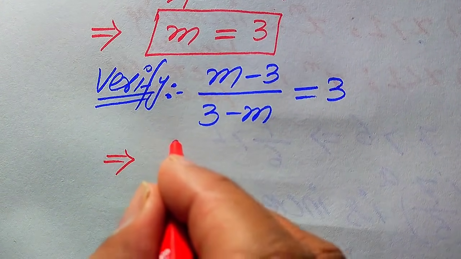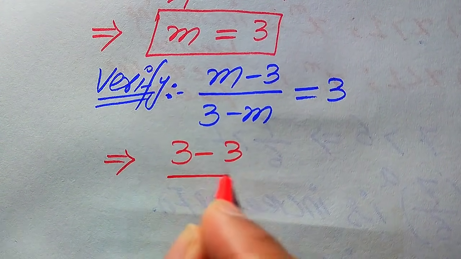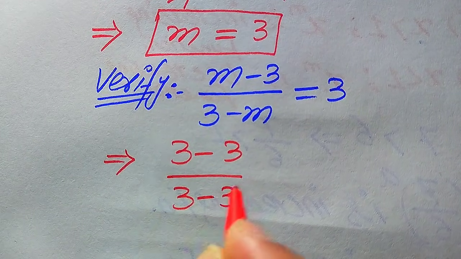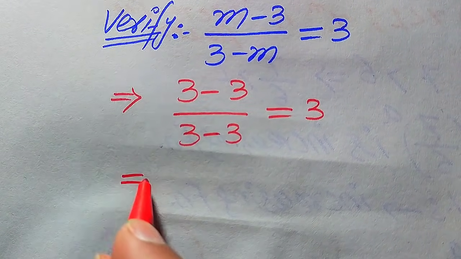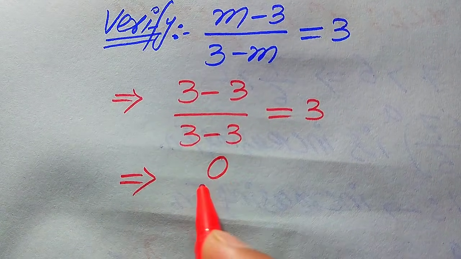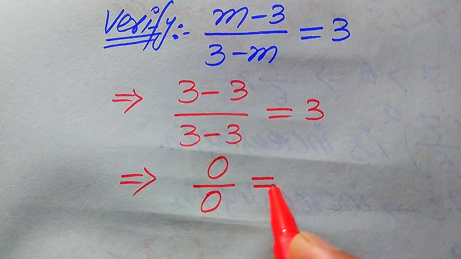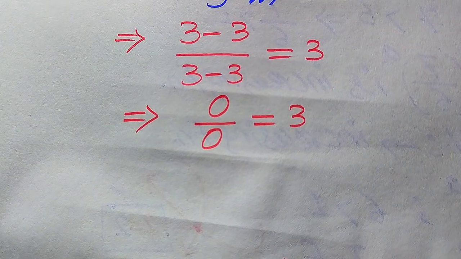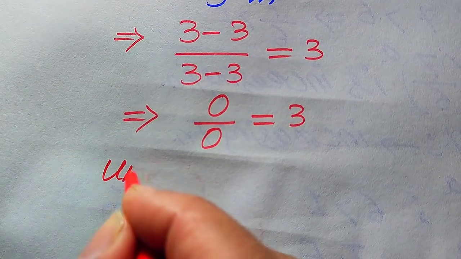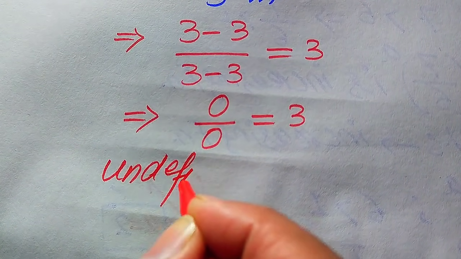When you put it here it becomes (3 minus 3) divided by (3 minus 3) equals 3, and we clearly see that 3 minus 3 becomes 0 over 0 form. So our left hand side becomes 0 over 0 form, or in other words an indeterminate form, or we call it an undefined form.